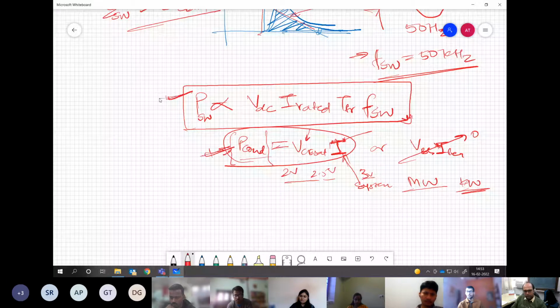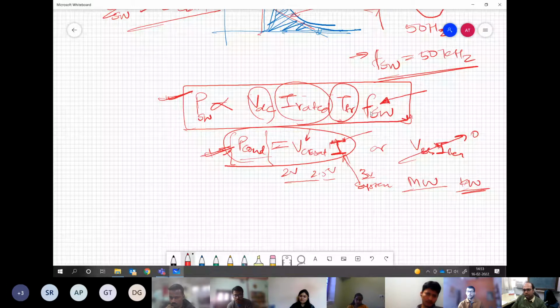But the switching energy loss still has some variables. Apart from these three quantities, a very important quantity is the switching frequency. This is not at all dictated by the motor or inverter or anything. It is up to you. Based on what quality of current or voltage you want, you can have any value of FSW.